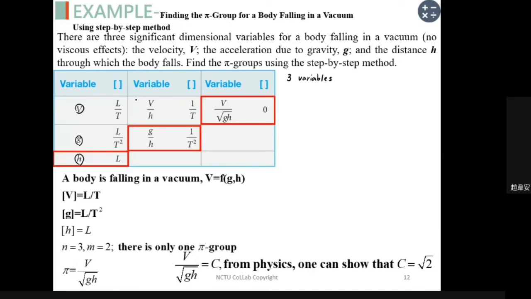And we list how many basic dimensions are involved.